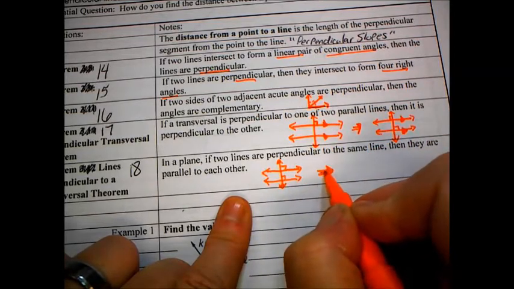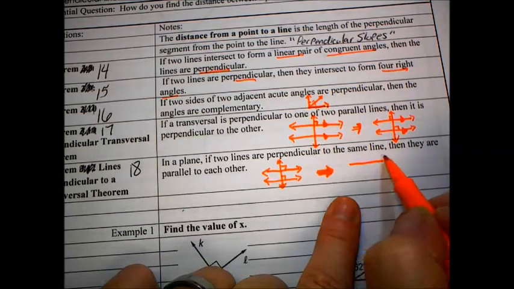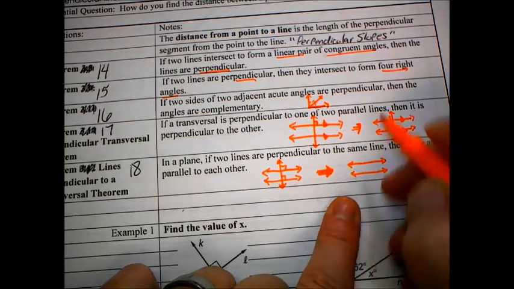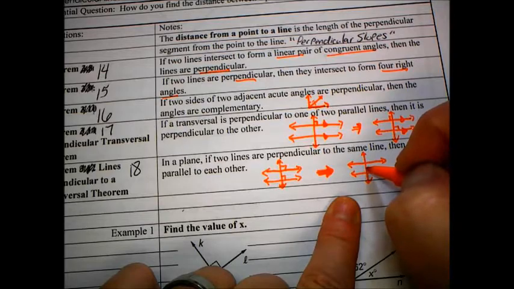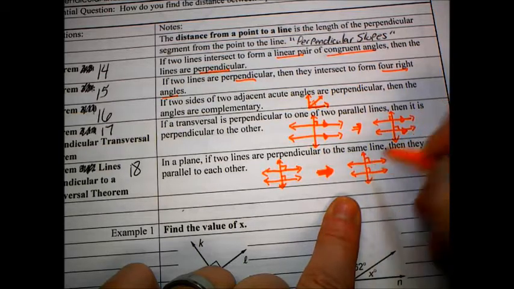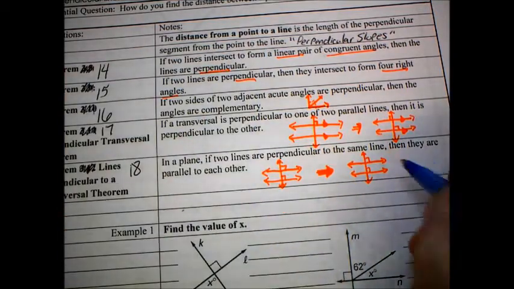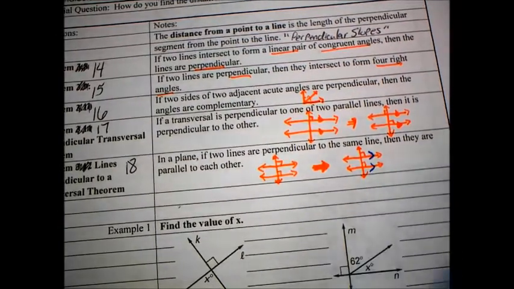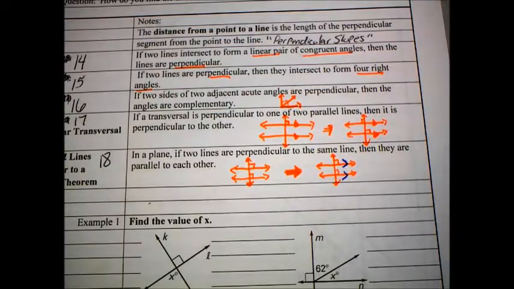The result is that this line is parallel to this line. And remember, those are arrows inside the lines that show that they're parallel.